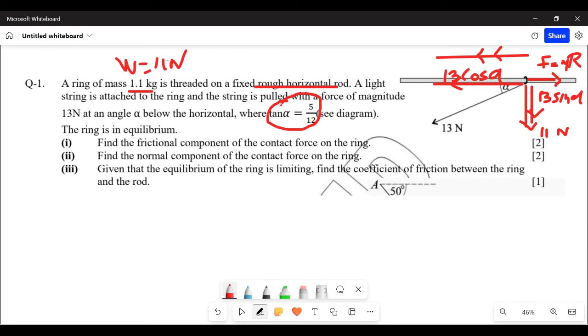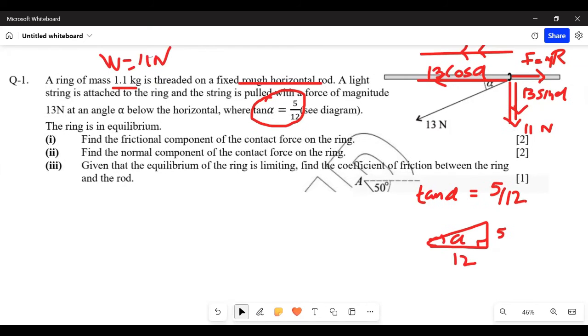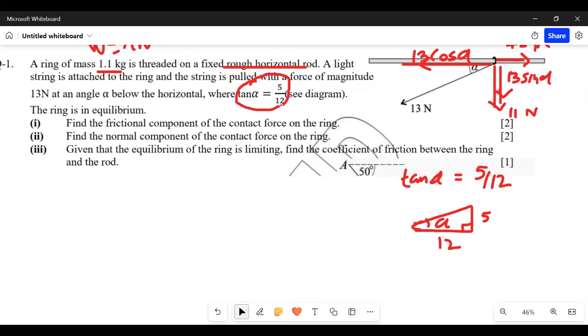Now, tan alpha will help us find the value of cos alpha and sine alpha. How? Tan alpha is 5/12, so draw a random right angle triangle. If this is alpha, then it's opposite over adjacent, 5 over 12. Now we can use Pythagoras and find the third length, which is 5 squared plus 12 squared, which gives 13.